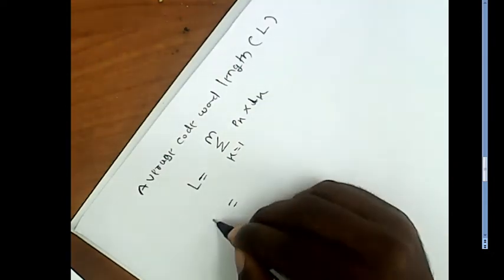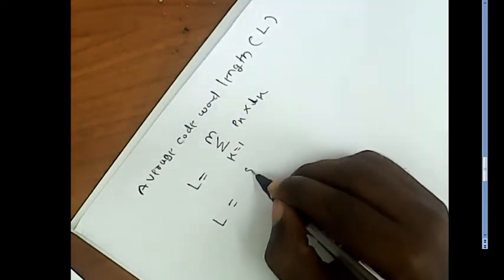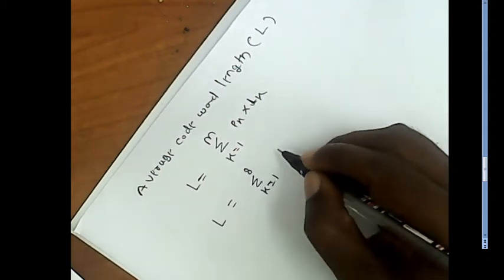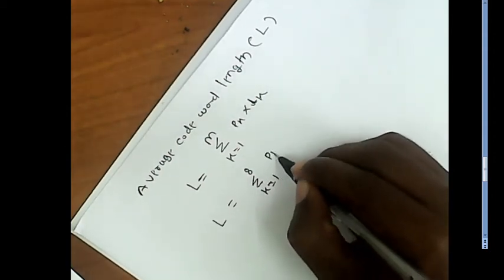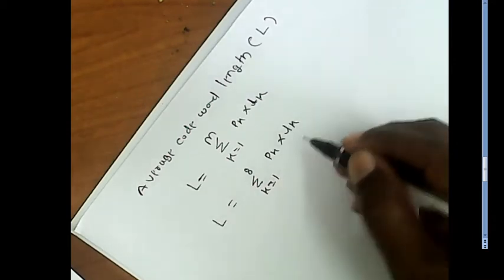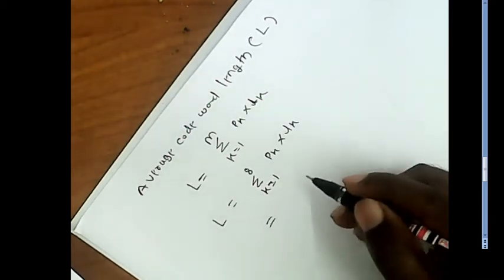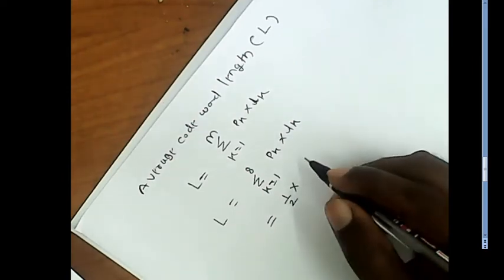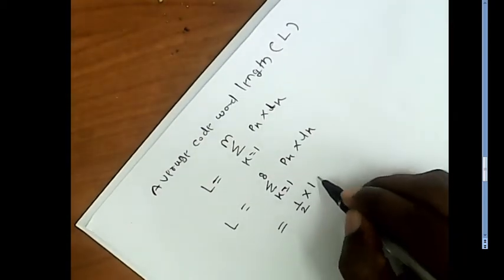So the probability of the first symbol is 1/2 and the length here is 1, this is lk. So this is 1/2.